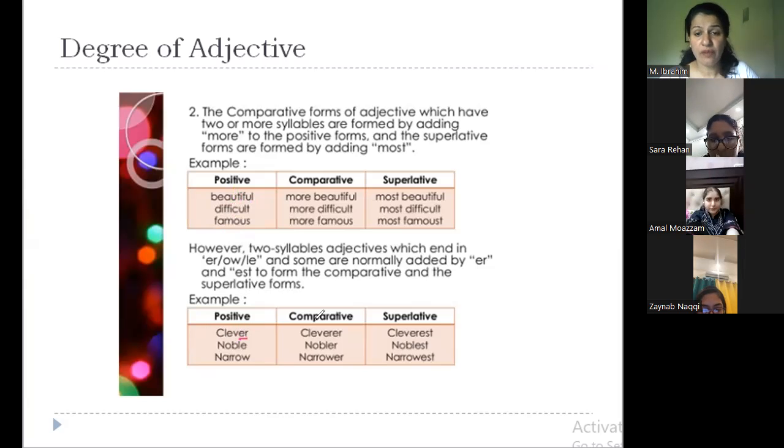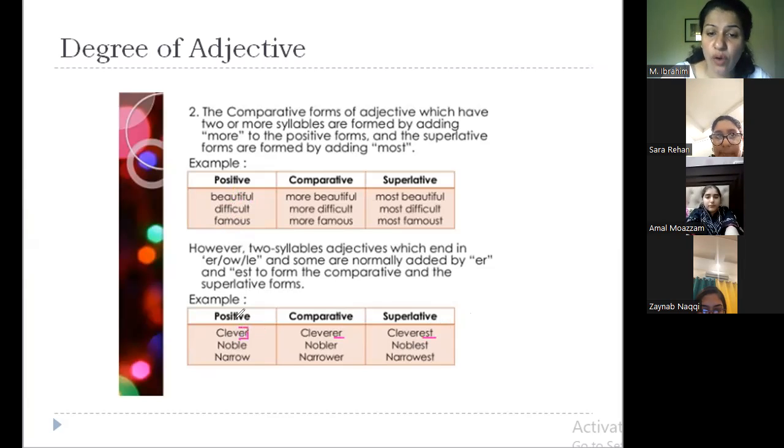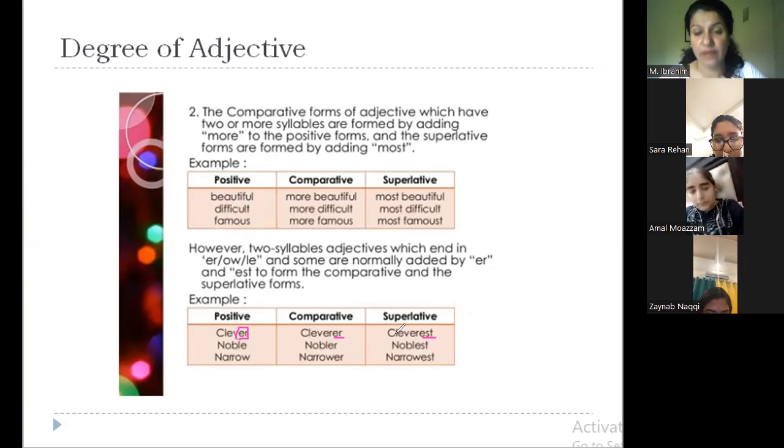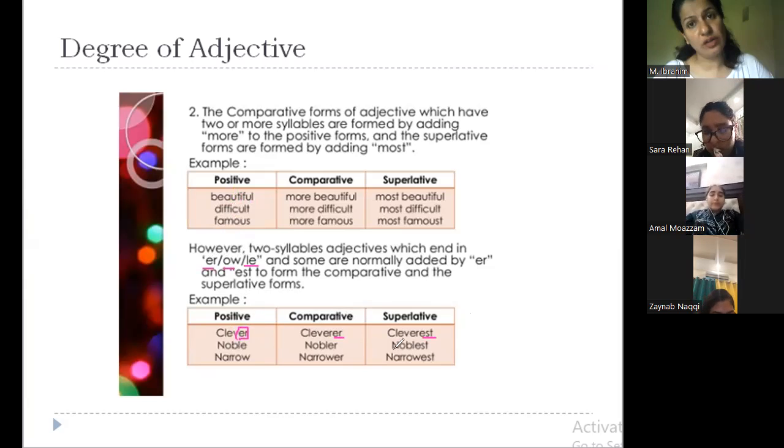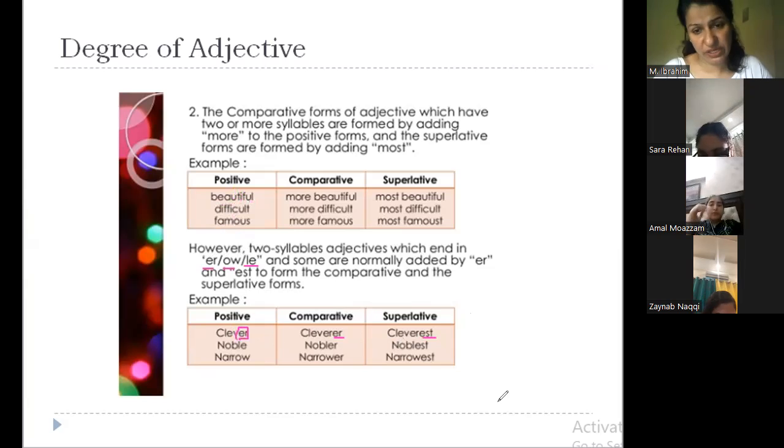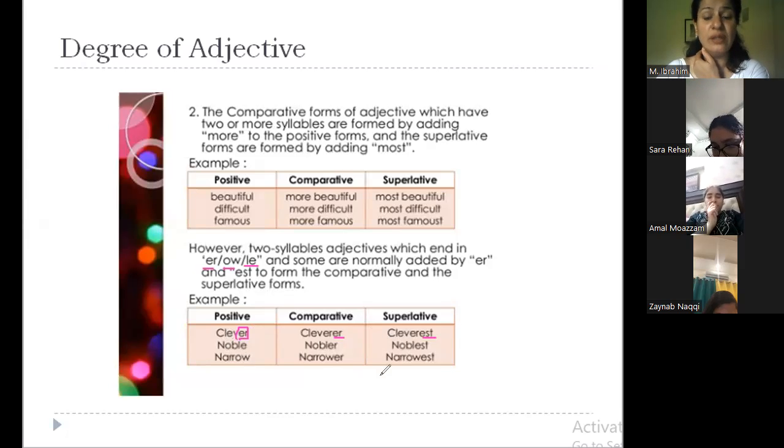Instead, we write cleverer and cleverest. The original ER we retained, and we added another ER and EST. Noble ends in LE. If words end in ER, OW and LE, we add ER and EST to form the comparative and superlative degree. Clever, cleverer, cleverest. Noble, nobler, noblest. Narrow, narrower, narrowest.